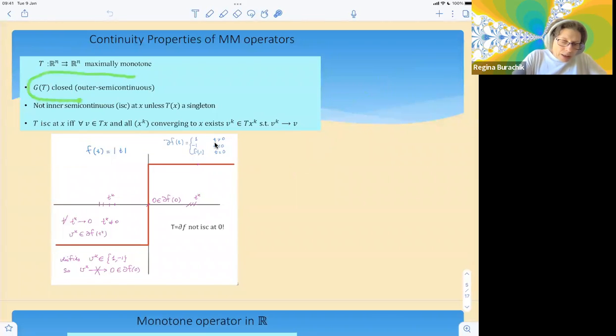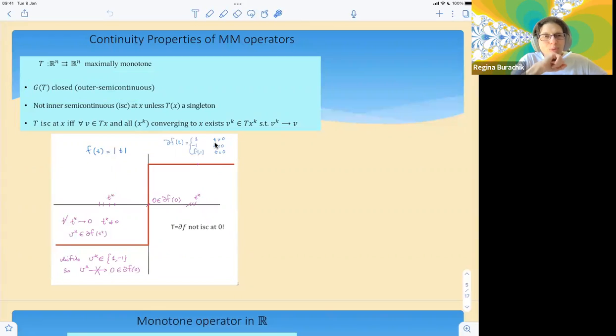So one of the main concepts of continuity is called outer semi-continuity of a point-to-set map, and not necessarily maximally monotone, any point-to-set map is said to be outer semi-continuous if and only if the graph is closed, right? And what happens is that the maximality of maximal monotone operators tells you that the graph is going to be closed. So the maximality implies the outer semi-continuity. So this is something that automatically holds for every maximally monotone operator. That tells you that these operators are nice from that point of view.